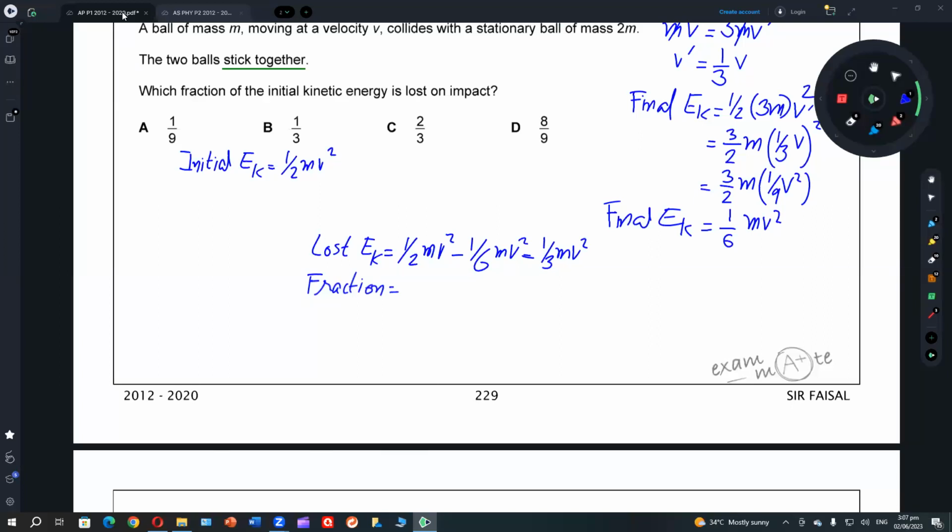So the fraction is 1/3, and the initial was half. So after this long working, this is the answer.